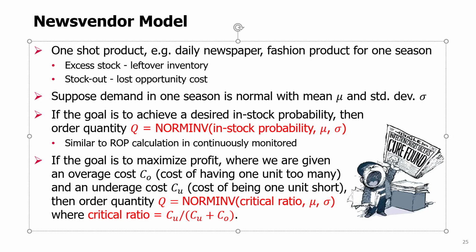Then you can also calculate the quantity based on what we call a critical ratio, which is put in place of the in-stock probability. The critical ratio can be calculated as CU, the underage cost, divided by the sum of overage and underage costs. And the interesting thing is that the critical ratio is just the value of in-stock probability that you should plug into this formula in order to maximize profit from this seasonal product sale.